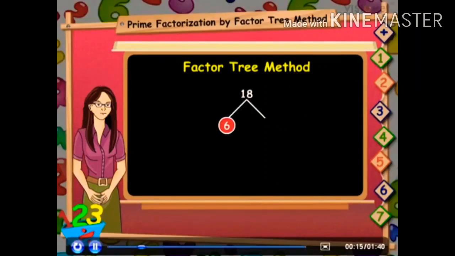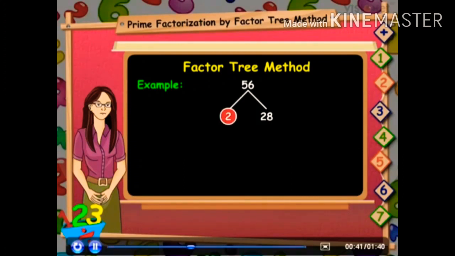Here we are going to do prime factorization by the factor tree method. In this method, we split the number into prime numbers. Let us understand this method with the help of an example. Look at the number 56. We first split 56 into two factors, say 2 and 28, as 2 is prime.